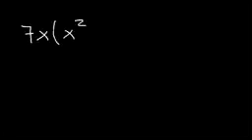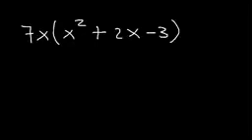Now, let's say we wish to multiply a monomial by a trinomial. What is the answer? What do we need to do? So, we need to distribute 7x to everything inside. So what's 7x times x squared? x squared is the same as 1x squared. 7 times 1 is 7.